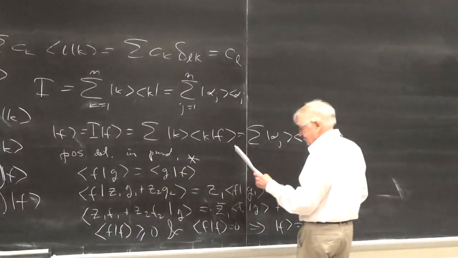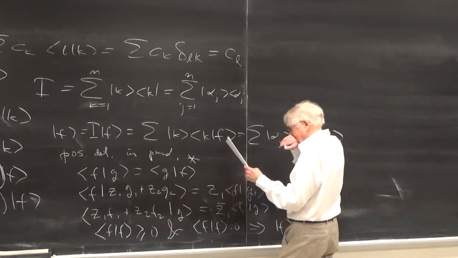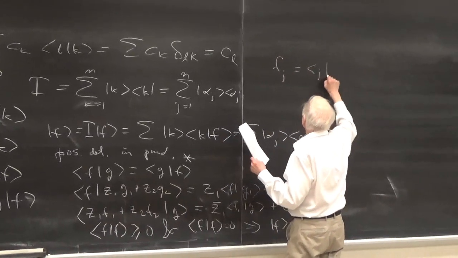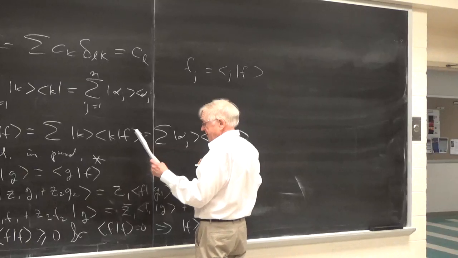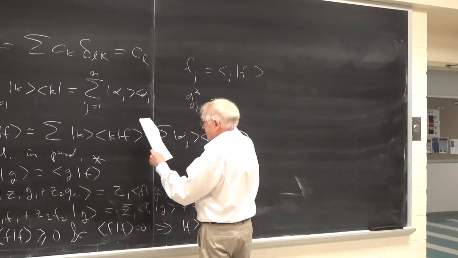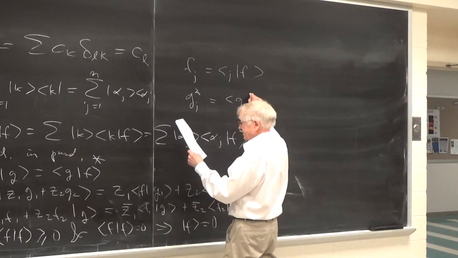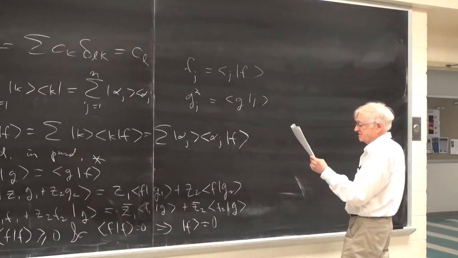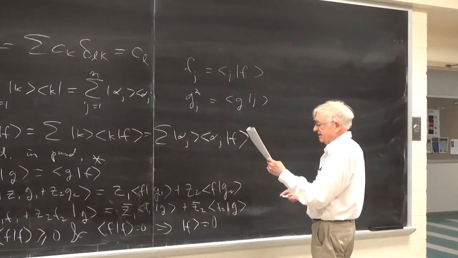In other words, the coefficients fj are the inner product of j with f, and say gj star is the inner product of g with j, for an orthonormal basis j.